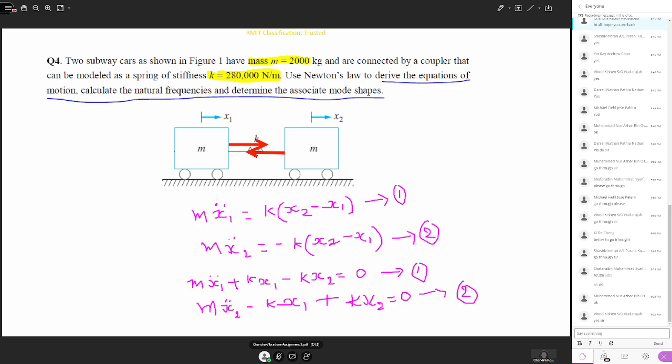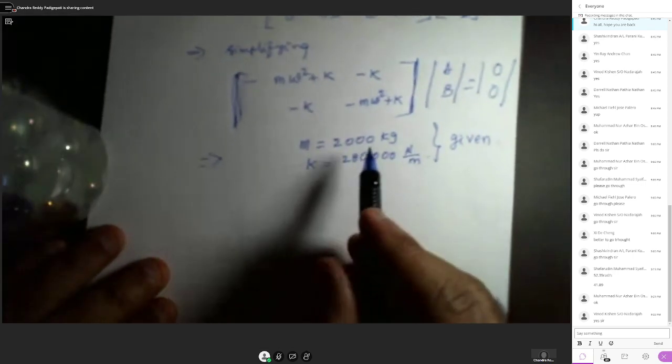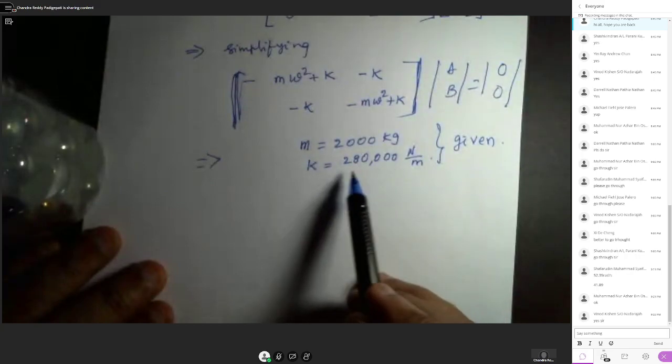The mass is given as 2000 kilograms and k is given as 280,000 newtons per meter. I noted down the values given for m and k.